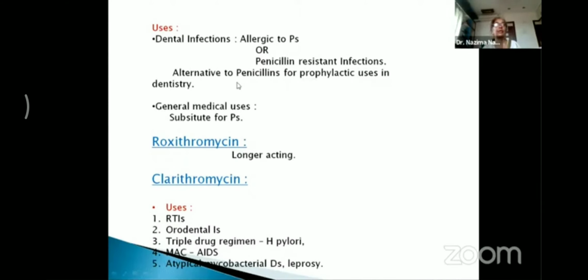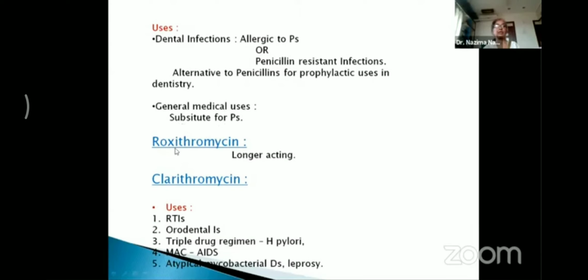So again, prophylactic uses are there in dentistry with this drug. General medical uses are there for this drug. This drug is used as a substitute for penicillin. So wherever the organisms are sensitive to penicillins, in such cases you can use erythromycin.